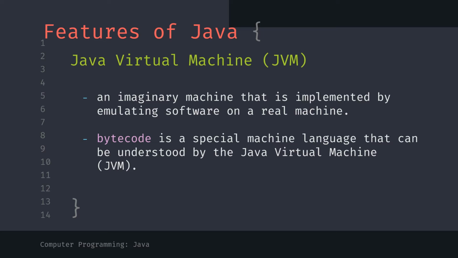This specification enables the Java software to be platform independent because the compilation is done for a generic machine known as the JVM. A bytecode is a special machine language that can be understood by the Java Virtual Machine. The bytecode is independent of any particular computer hardware, so any computer with a Java interpreter can execute the compiled Java program, no matter what type of computer the program was compiled on.